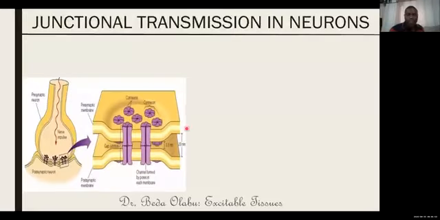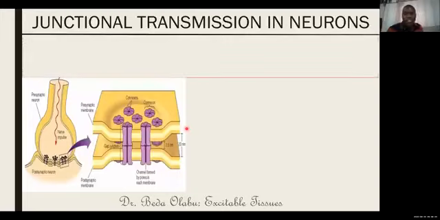Now, what happens? We have said that action potentials are transmitted along the cell membrane of the axon. What happens when that signal reaches the end of the axon and we want to transmit this signal from one neuron to another? In simple terms, we have a junction. What happens at the junction?